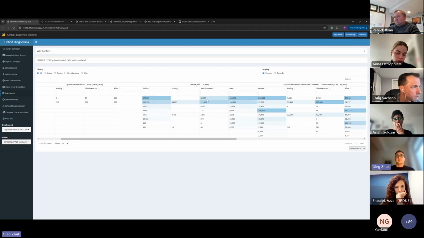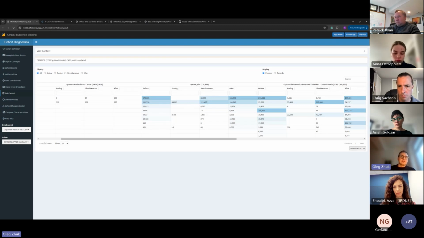But ironically, we see that only 121 plus 44, so it's roughly 160-something thousand patients, have this inpatient visit simultaneously with the coronary artery bypass graft. Some of them have an outpatient visit, and these patients probably intersect with each other.